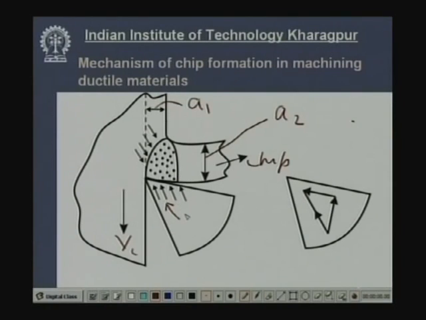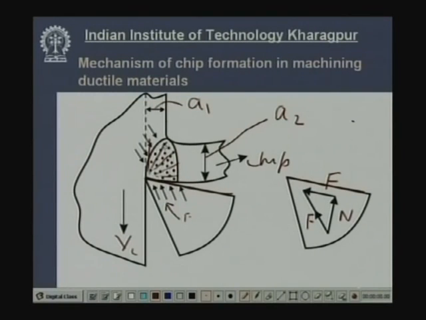Now, this force has two components, one normal force and one friction force, acting at the rake surface of the tool. Because of this compression, shear stress simultaneously develops in different directions and keeps on growing, in different magnitudes.